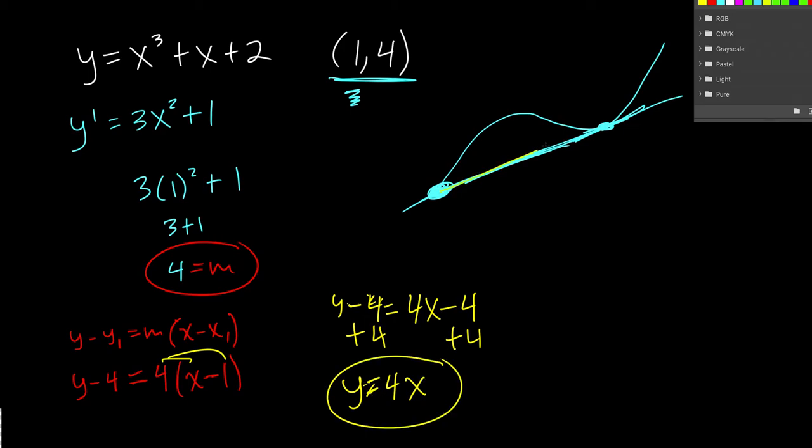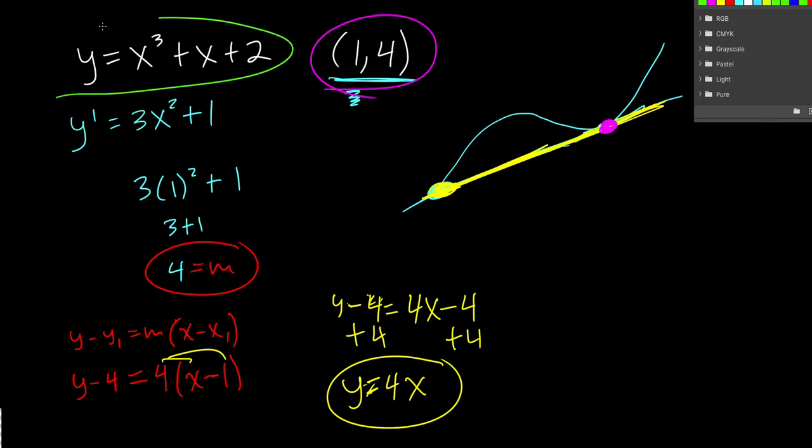So that is the equation of the tangent line. Okay. Now we want to know where this crosses this. We already know it crosses one place at 1 comma 4, but we want to find the x value of where it crosses again. So we're going to set these equal to each other and solve.